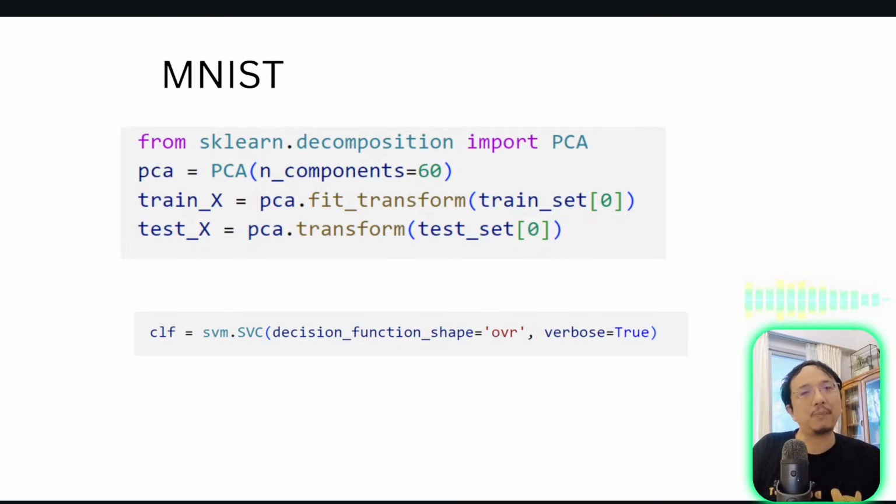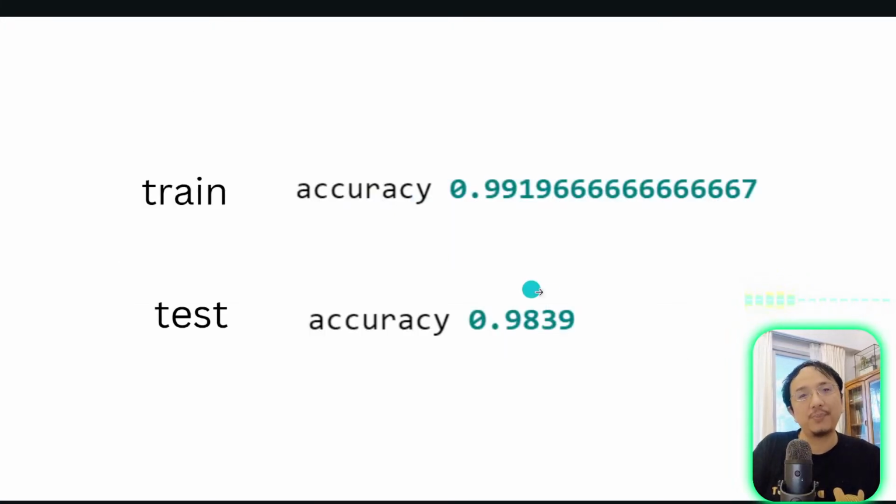You may get a better accuracy, like 99%. But as easy as almost the original form or typical usage of the SVM, we can get like 98% accuracy.